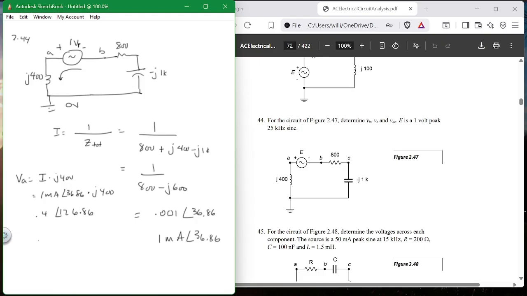What is VB? Well, VB is equal to VA minus 1 at angle 0. Okay? So you do that. VA is 0.4 at 126.86 minus 1 at angle 0, and what do you get?